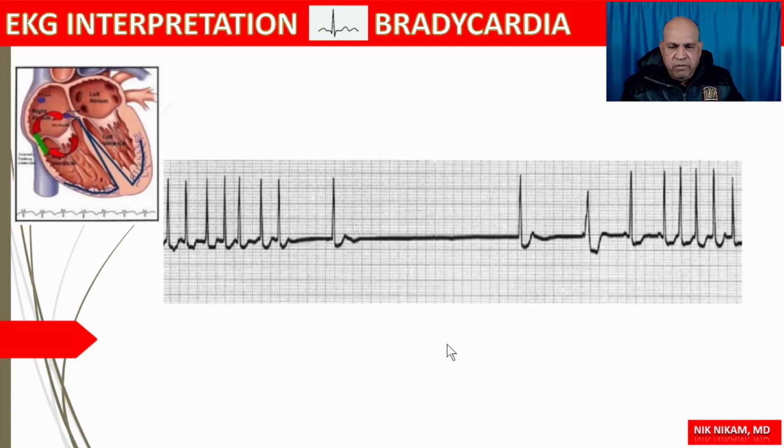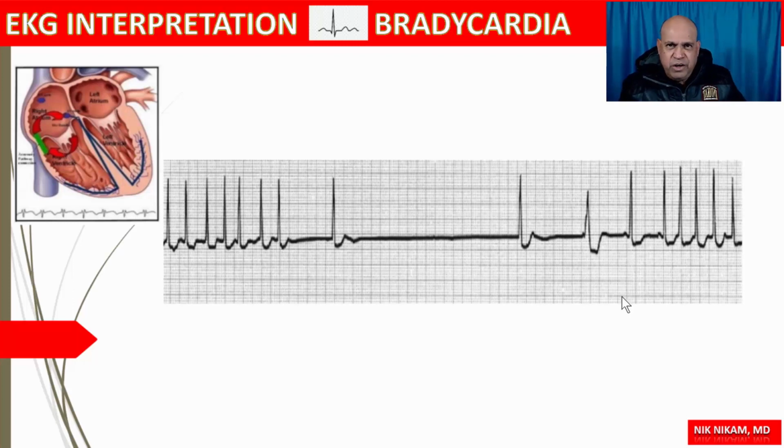Here's an example of what could be a short run of atrial fibrillation followed by a long pause and some junctional beats, and again resumption of some sinus beats followed by another bout of supraventricular tachycardia.